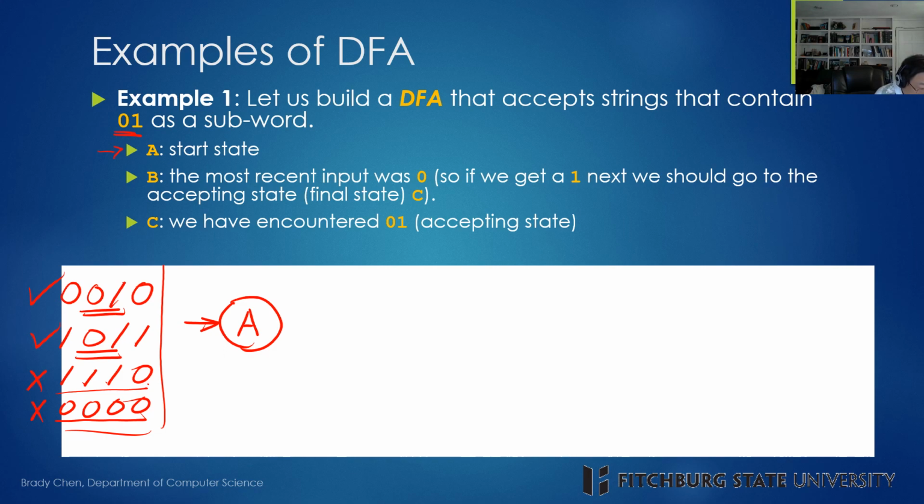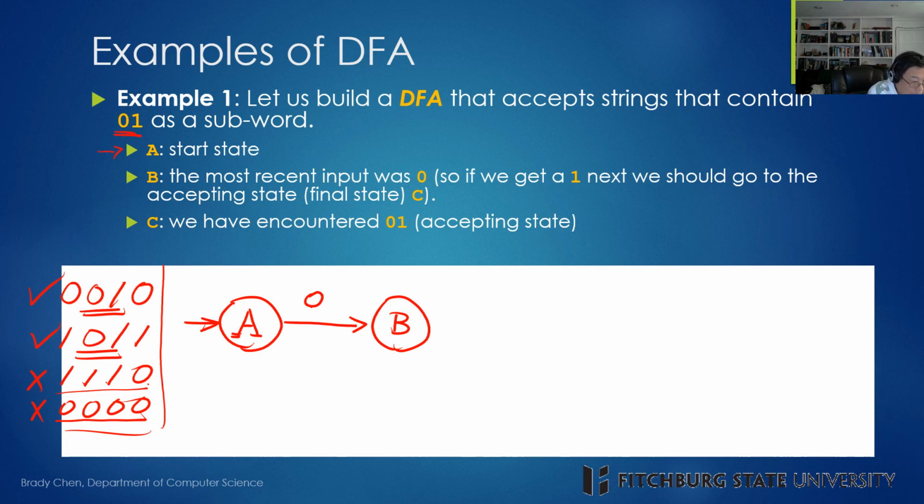If the input character is 0 and the start state is A, then let's assume we will go to state B. The start state A combined with the input character 0, we will reach the state B. And state B is a very good state, right?